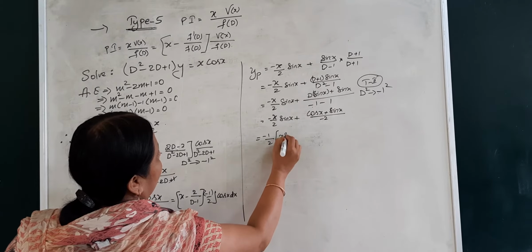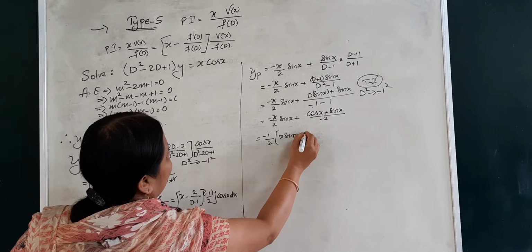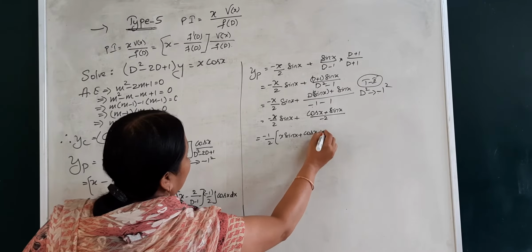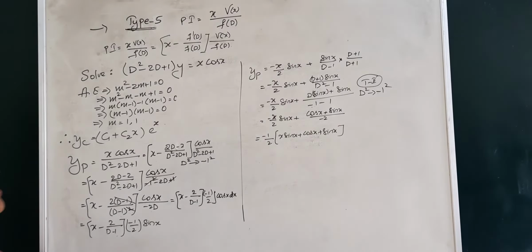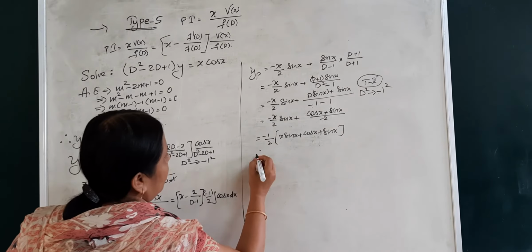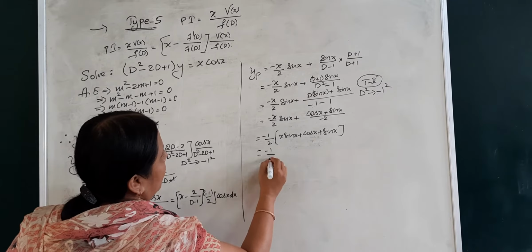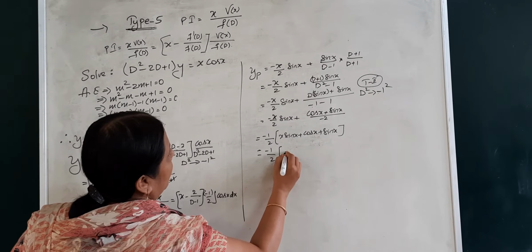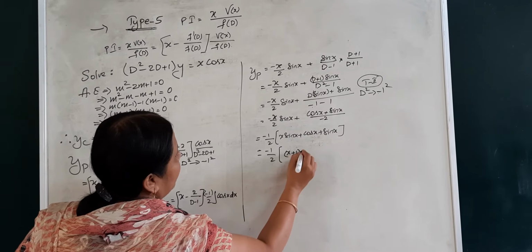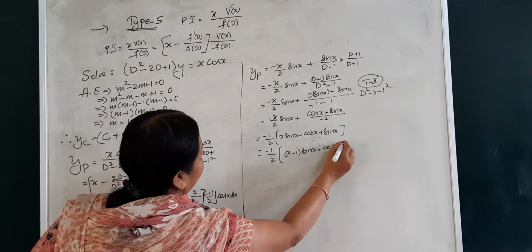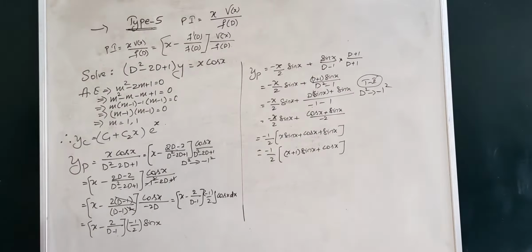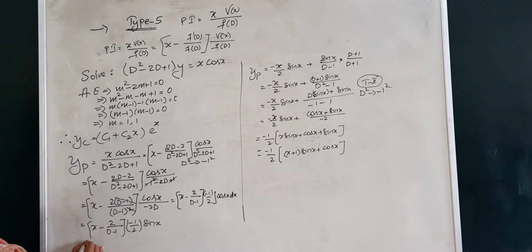So we get x sin x plus cos x plus sin x. You can take out sin x common from both these terms. It can be therefore written as minus 1 by 2 into (x plus 1) times sin x plus cos x. Got it, guys? So this is my yp.